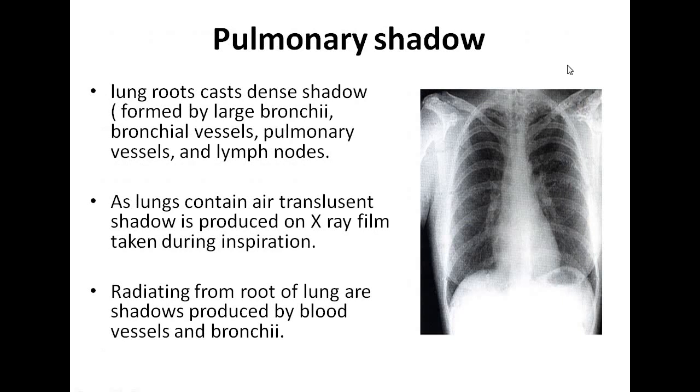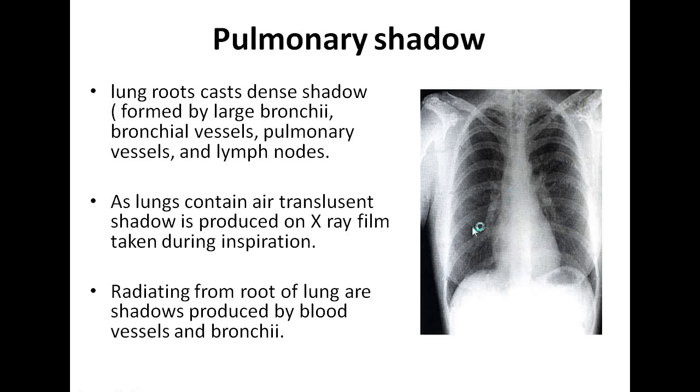Let's see each of these shadows in detail. Pulmonary shadow here is produced by the lung. On the right side, this is the right lung shadow and this is the left lung shadow. Now the roots of the lung you can see here near the hilum of the lung. It casts a dense shadow which is formed by large bronchi, bronchial vessels, pulmonary vessels and lymph nodes.